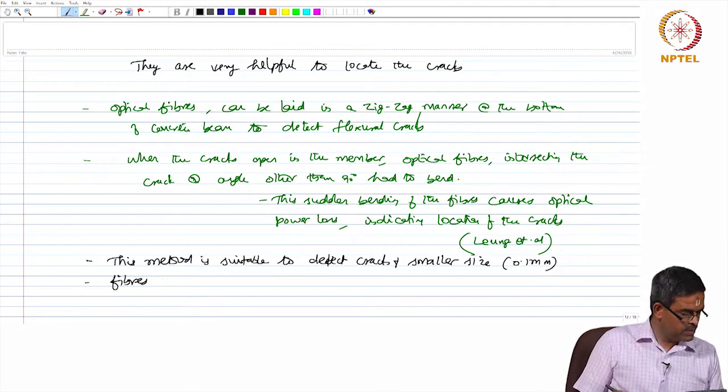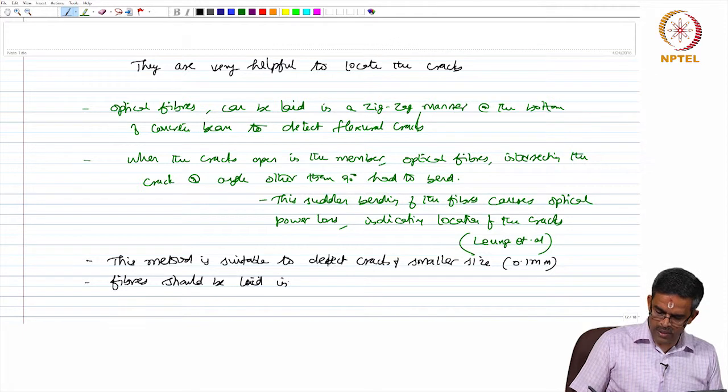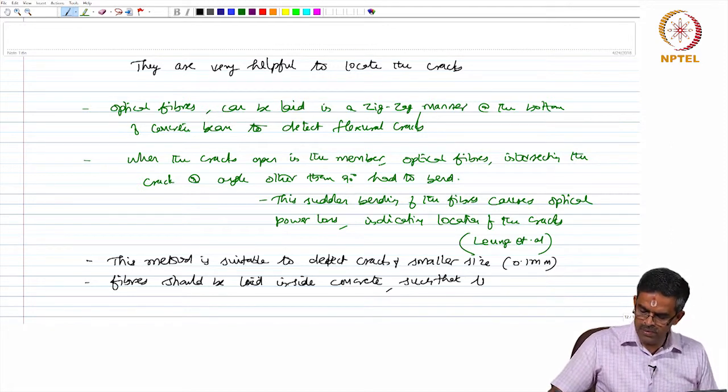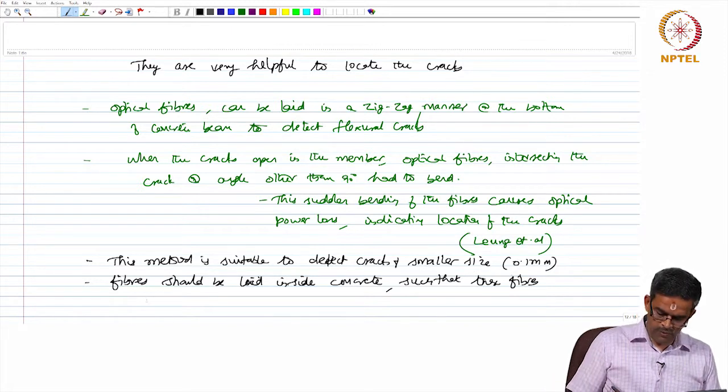Optical fibers should be laid inside concrete such that these fibers should be free to slide inside concrete.